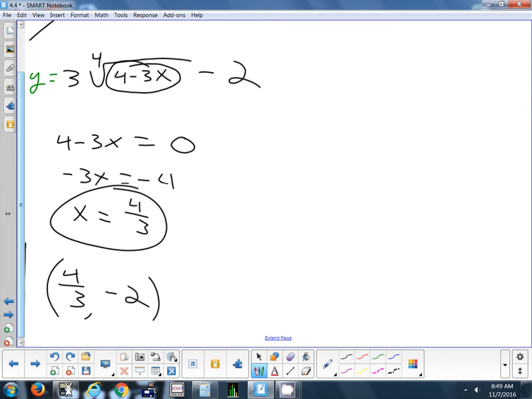Now, am I going to end up checking numbers that go on both sides of 4/3 or just one side? Just one side, because this is an even root, right? You would have to pick numbers for x that do not cause what I circled to be negative. So what do you think that would be? Would you pick numbers bigger than 4/3 or smaller?